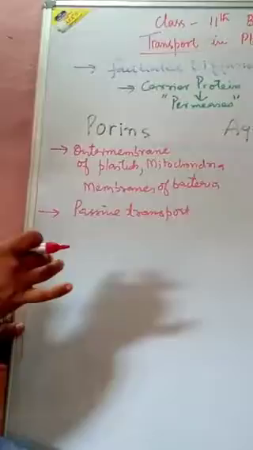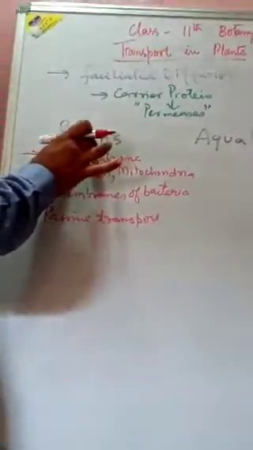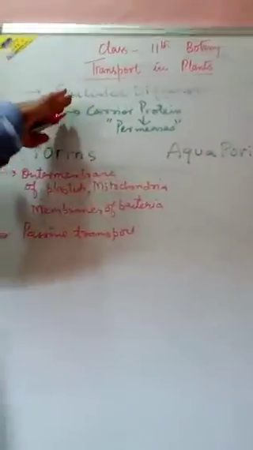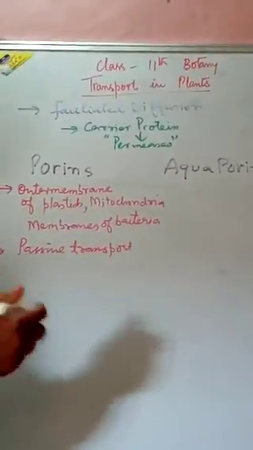And here it is mainly passive transport, that means no energy is required. In case of the porins, the substances, the molecules, get attached with these porins, and then they are taken inside the cell.